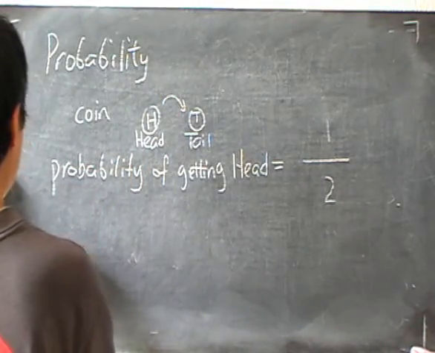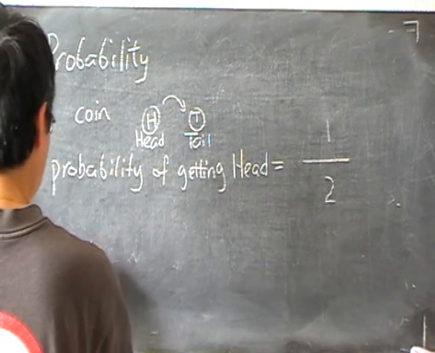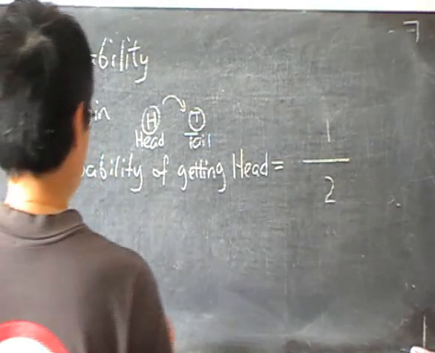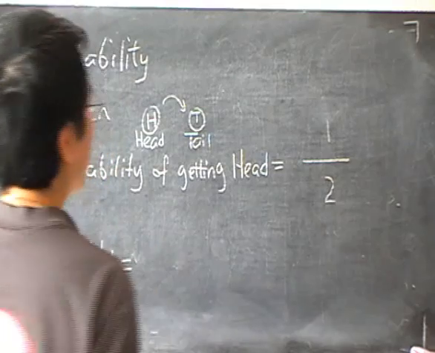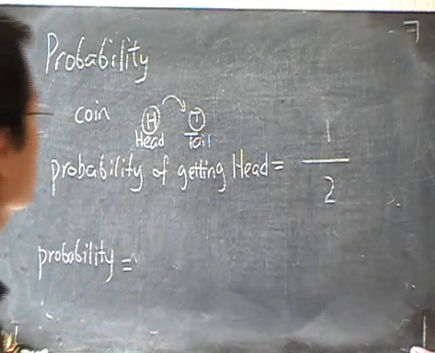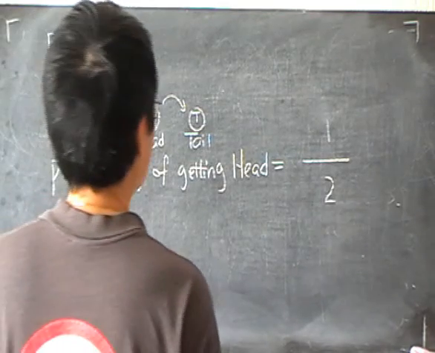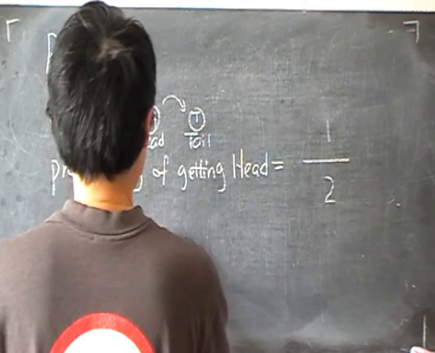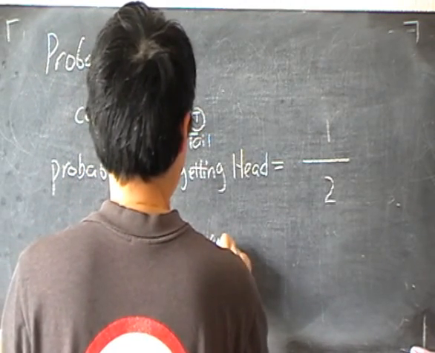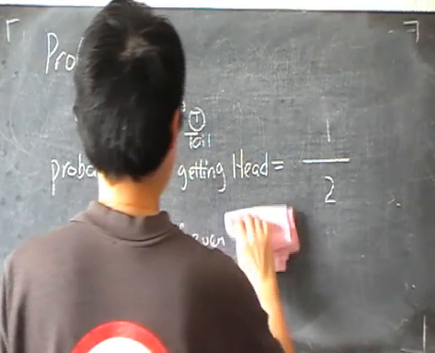Now I'll write this as probability is equal to the number of events, let me write it this way.